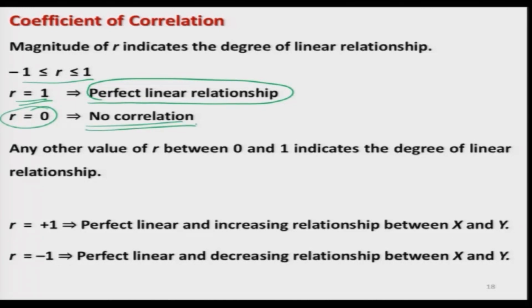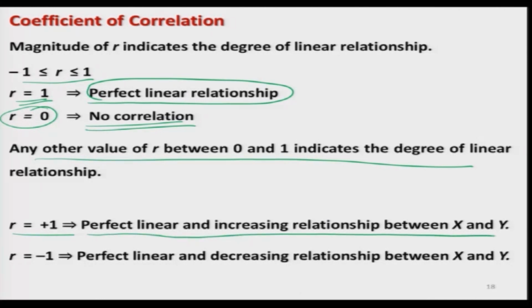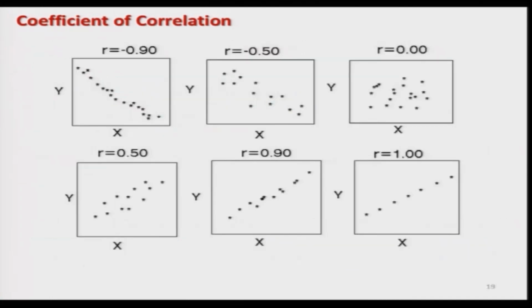Obviously, any other value of r between 0 and 1 will indicate the degree of linear relationship. If r is equal to +1, this will indicate a perfect linear and increasing relationship between x and y, and if r is equal to -1, this will indicate a perfect linear but decreasing relationship between x and y. So, this is how we interpret this value on the basis of a given set of data.